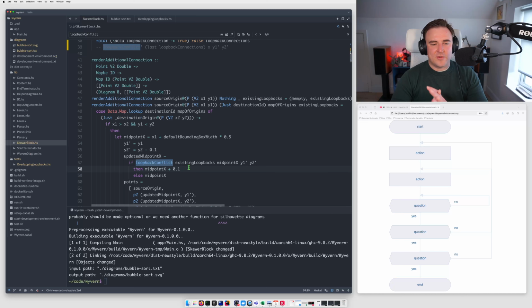We only ever add a fixed offset, but the offset should depend on how many collisions we detected and how much we need to shift to the right.